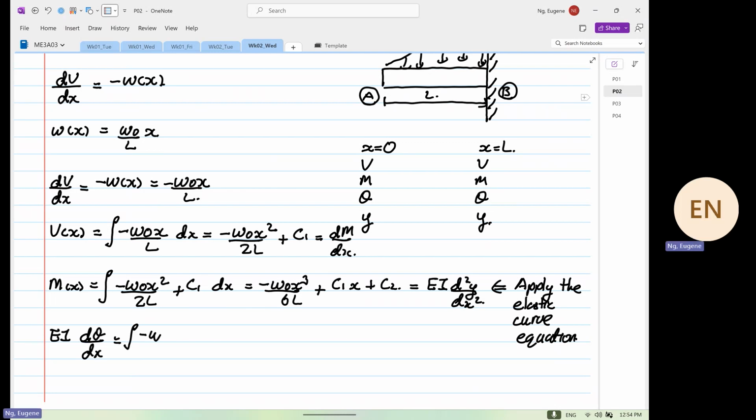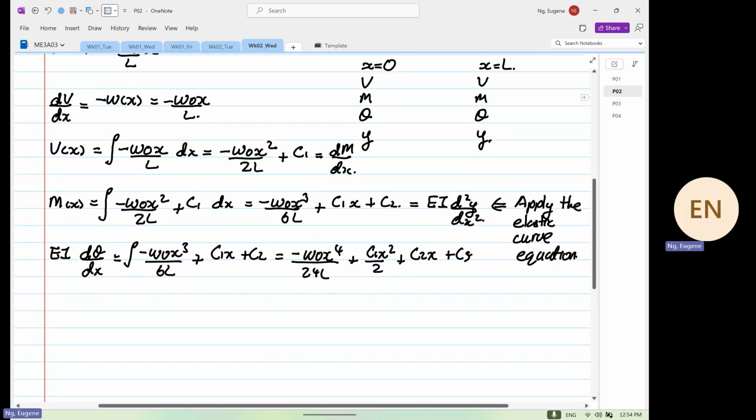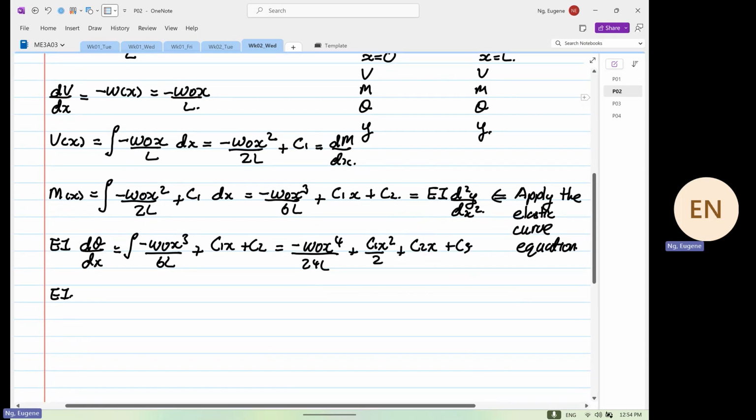We integrate minus omega naught x cubed over 6L plus C1x plus C2. So this is equal to minus omega naught x^4 over 24L plus C1x squared over 2 plus C2x plus C3. And finally, we have EI y.